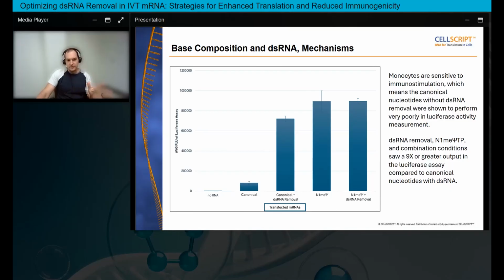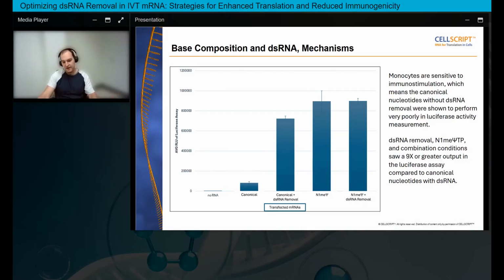So first and foremost, when we're talking about doing some sort of a translational study, you want to make sure that the amount of protein that is being created from that study is comparable or not. In this case, we were testing luciferase. So when we looked at the average RLU of the luciferase assay from all of the different mRNAs that we transfected into monocytes, we saw that all the way to the left with no RNA, you get no response.